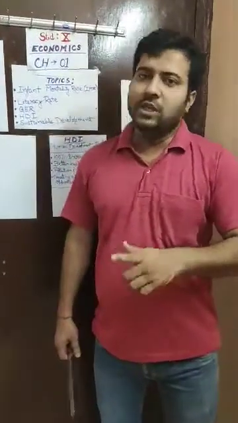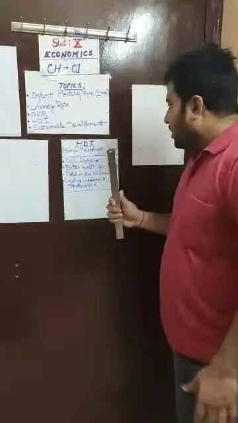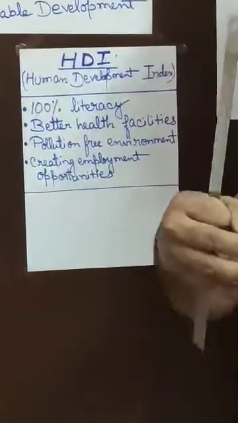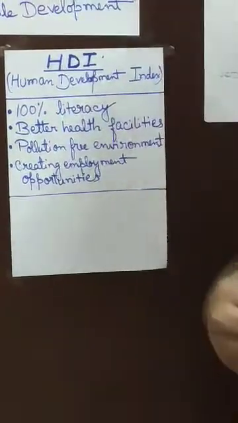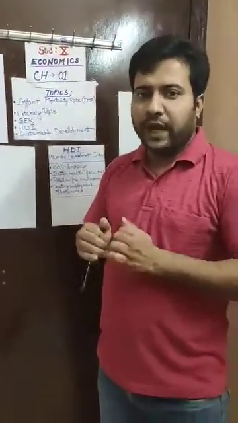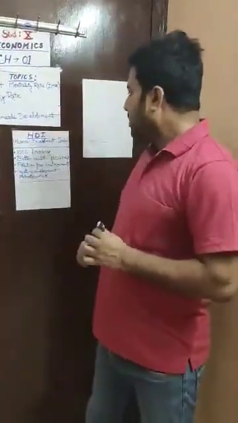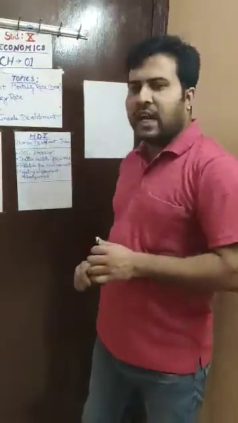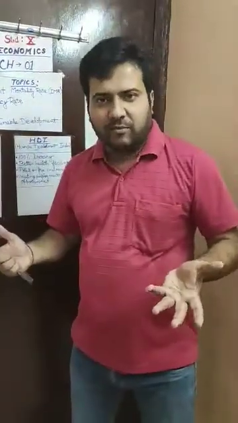In order to ascertain the Human Development Index, according to the United Nations Development Program, UNDP, they take the HDI into account as one of the development factors of the country. So the better the HDI, the better is the development.